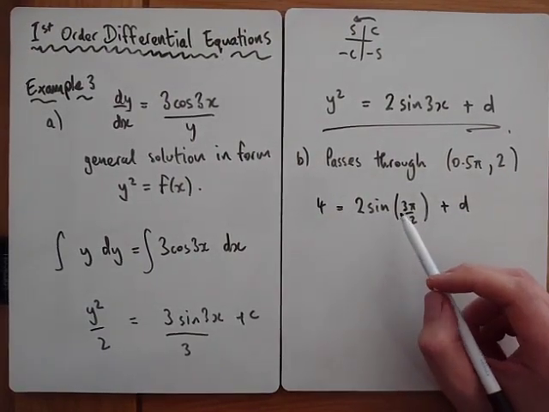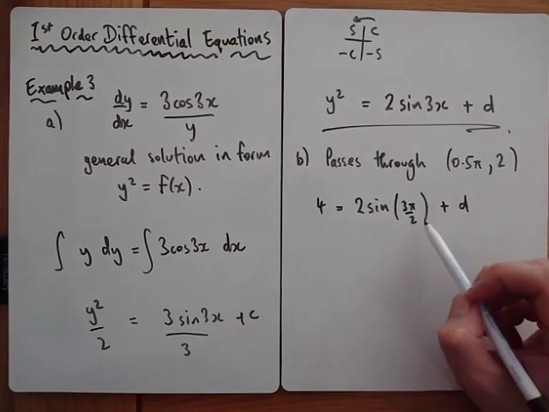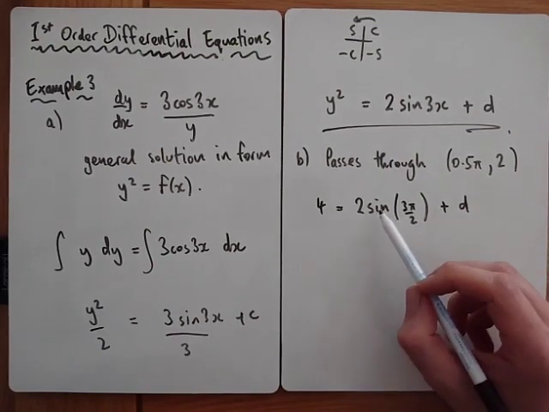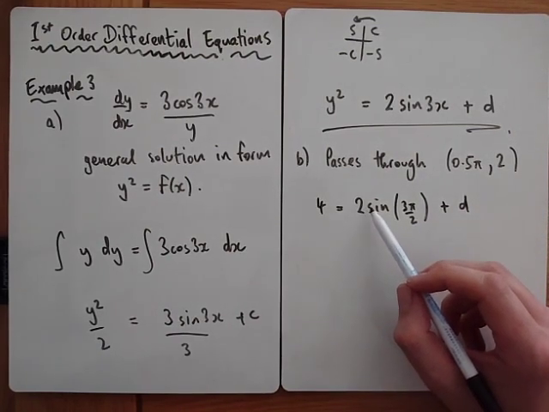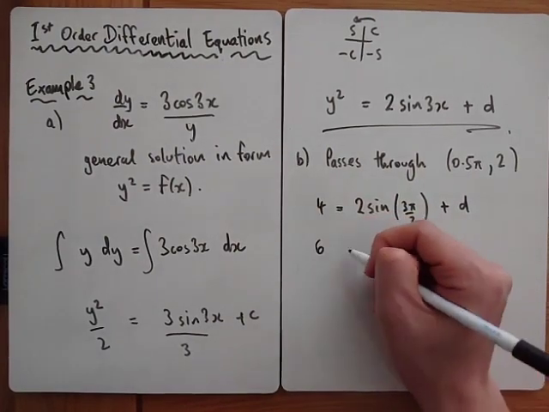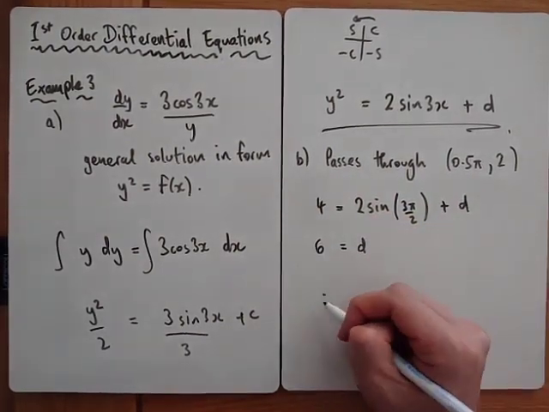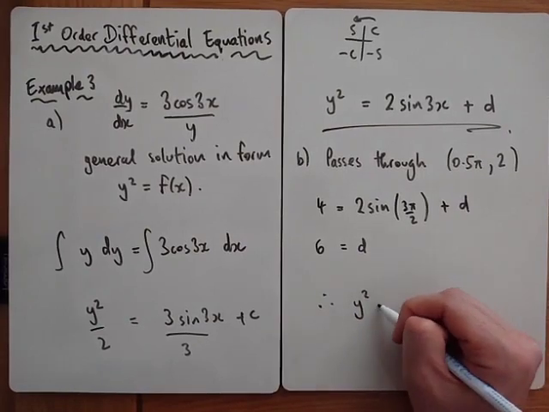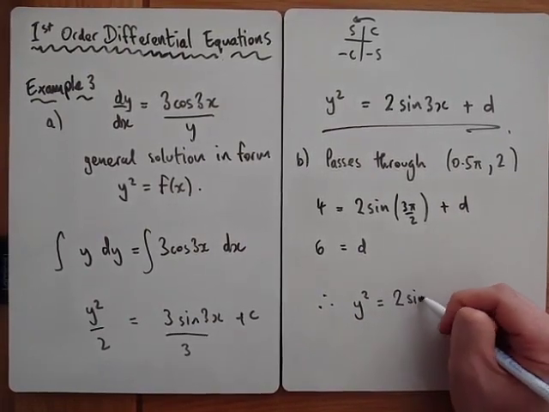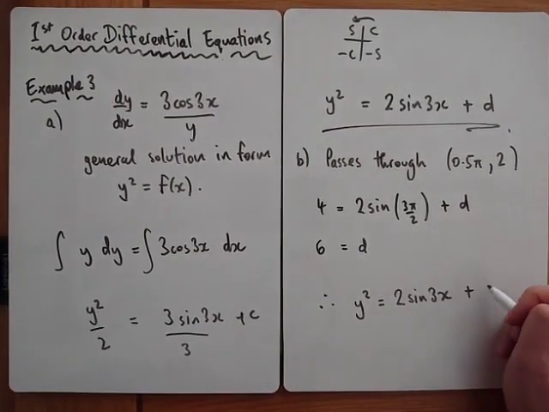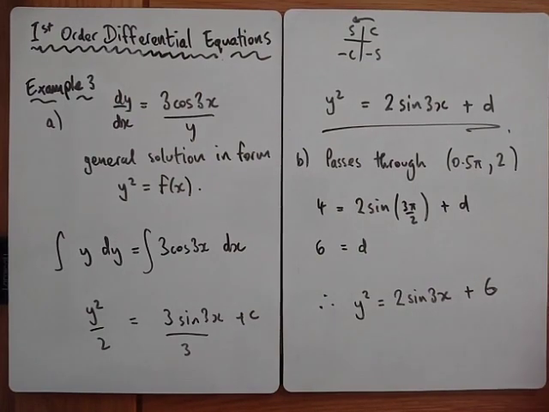So sine of 3 pi over 2 would be minus 1, wouldn't it? So that would become minus 2. So that becomes 6. So therefore, y squared would equal 2 sine 3x plus 6.